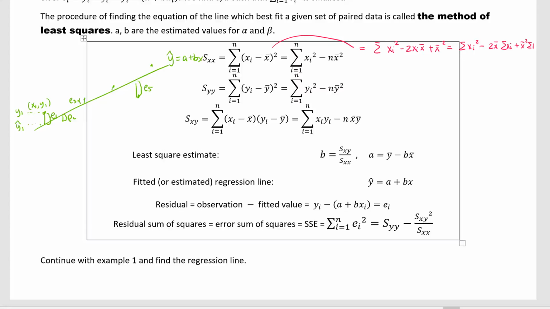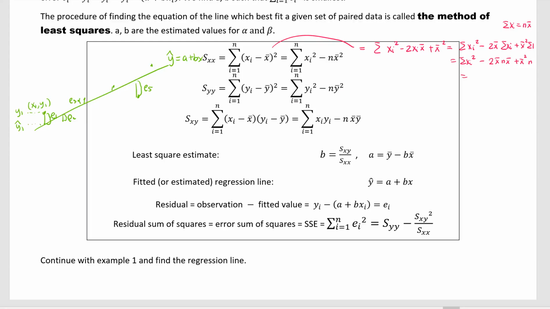So that's why we get sum of xi squared minus, what is sum of xi? This is actually n times x bar, because x bar, the sample mean, is the sum of the xi divided by n. So that's why here we have 2x bar times n x bar, plus x bar squared times the sum of 1, we have n copies of 1 adding together, that's n.